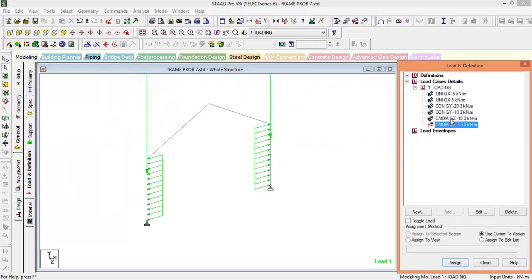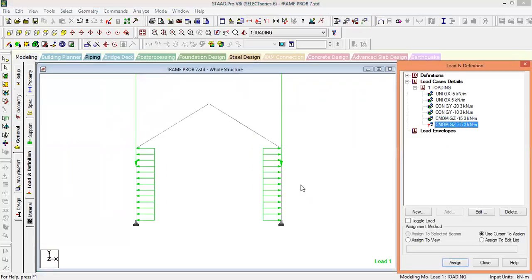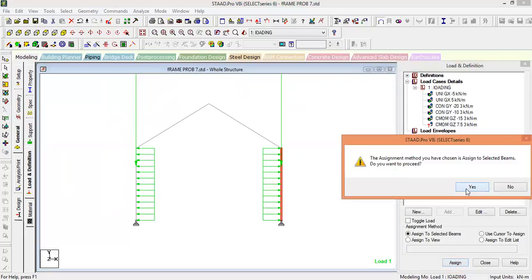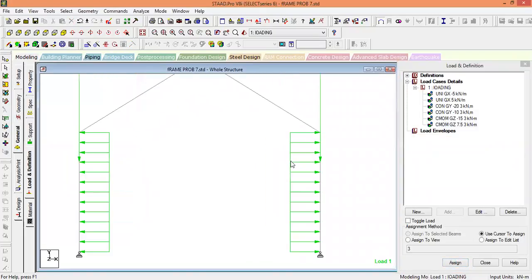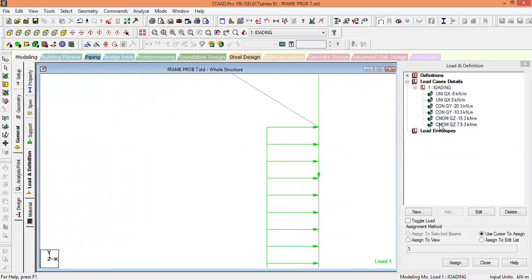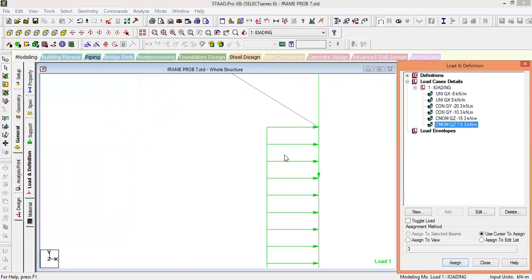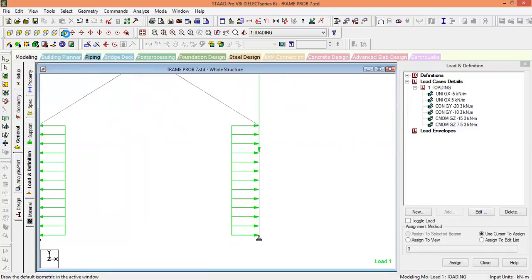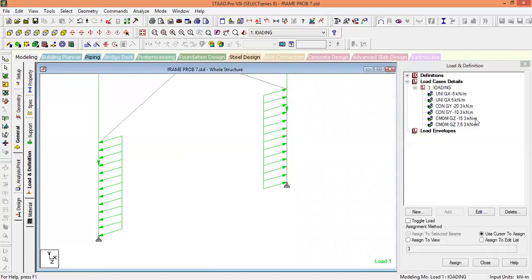I think the scale is very small, so that is why we are unable to see it here. Okay, come to this one, then choose this member and assign here also. Okay. We are unable to see that moment.